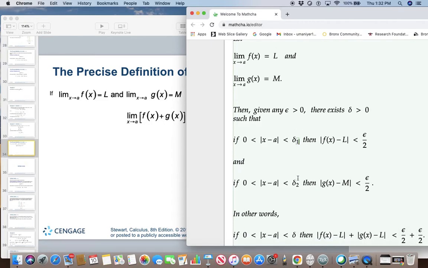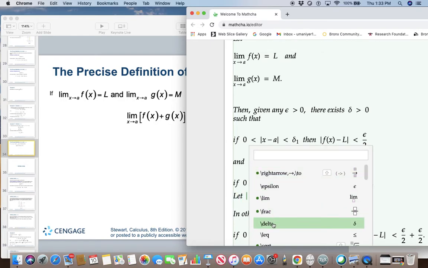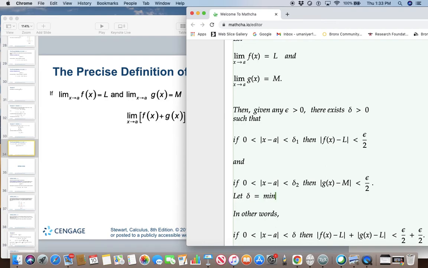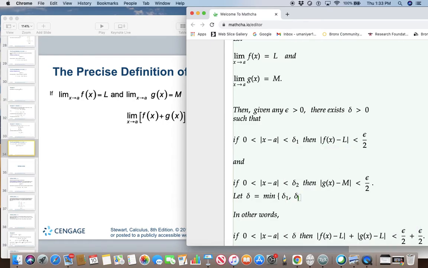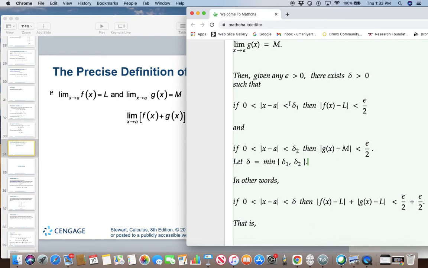Okay, if you like, I can say let delta itself be the minimum of delta 1 and delta 2.